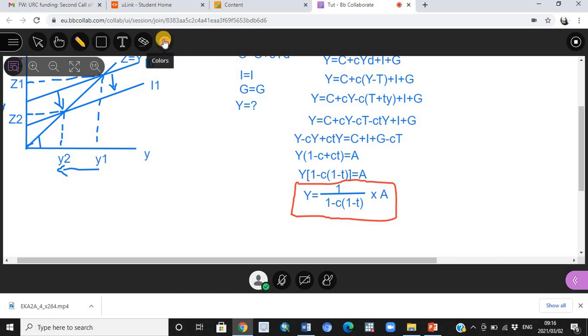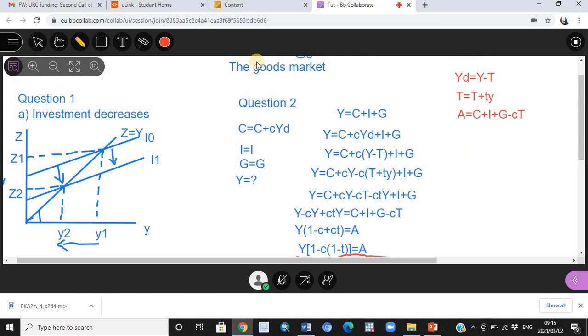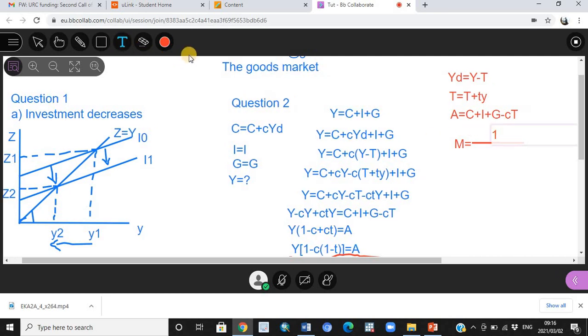Second, we know that this is our multiplier, so we can say our M, which is the multiplier, is going to be equal to 1 dividing 1 minus c, 1 minus t. So this is our multiplier.